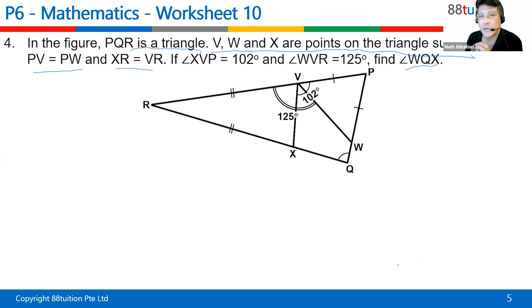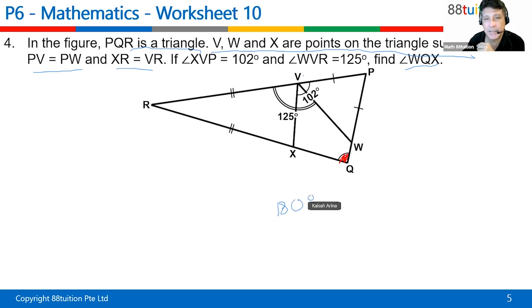And we are supposed to solve for angle WQX. That's the angle right at the bottom. Maybe I can just color this little angle there.